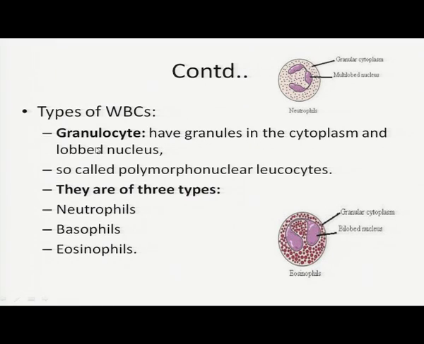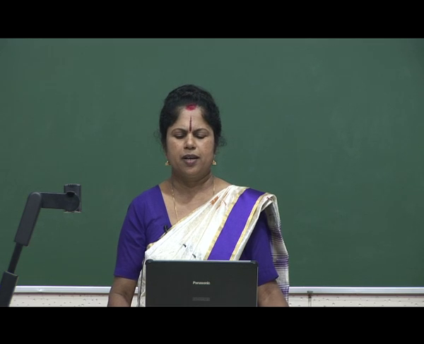Now, coming to the different types of WBCs, here you can see we can divide them into two categories. One is granulocyte and the other is agranulocyte. Granulocytes contain granules. The term itself indicates the presence of small spherical structures, granules, in the cytoplasm.